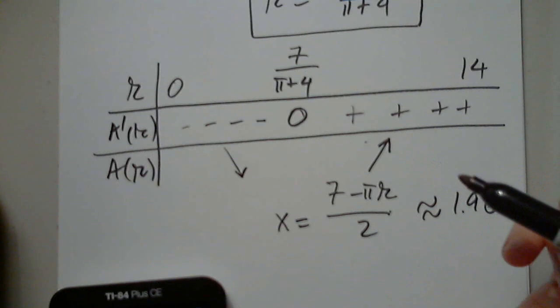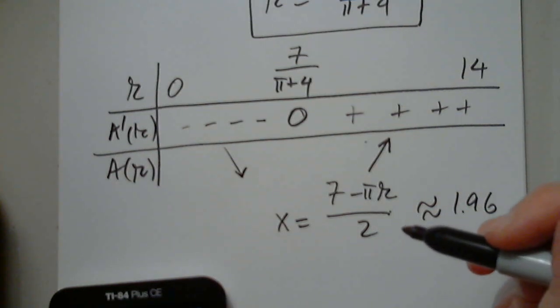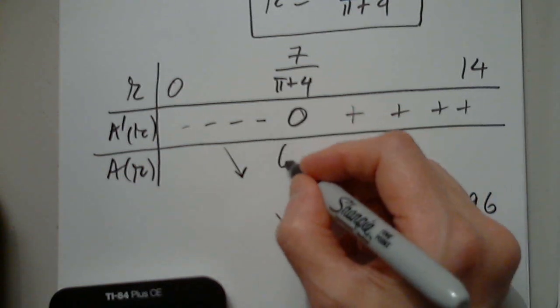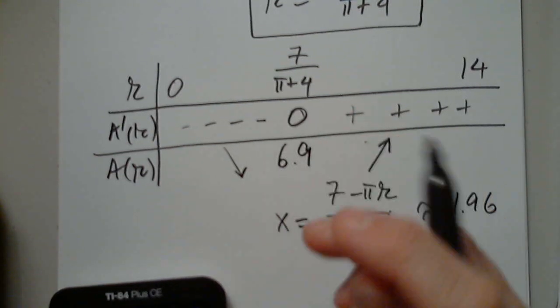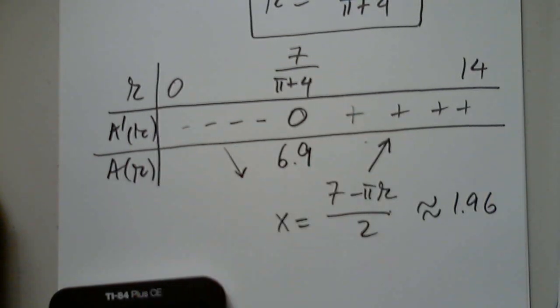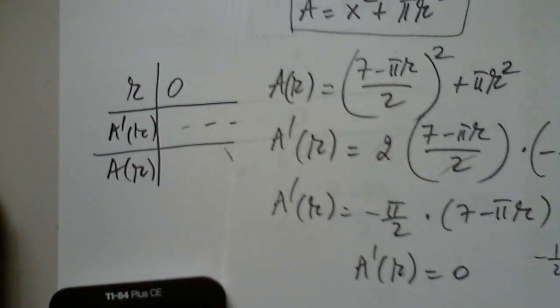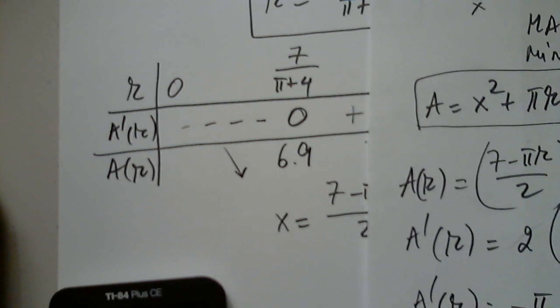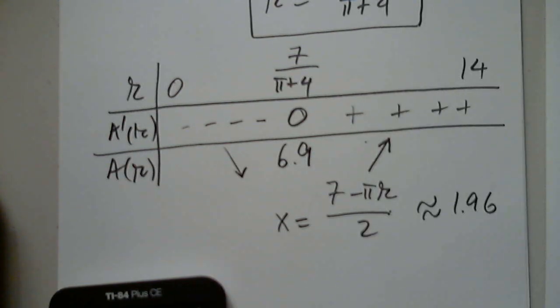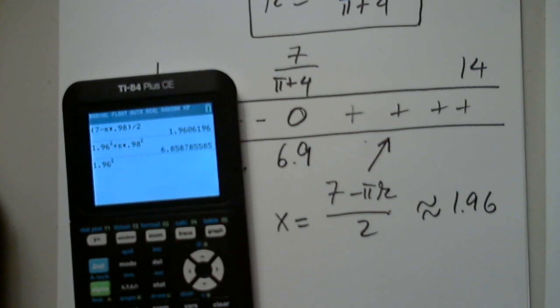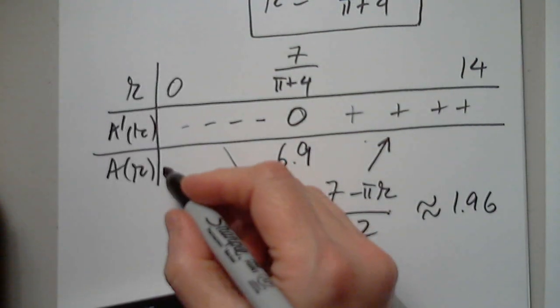I get here 6.9. When r is 0, I have to square x. 3.8.